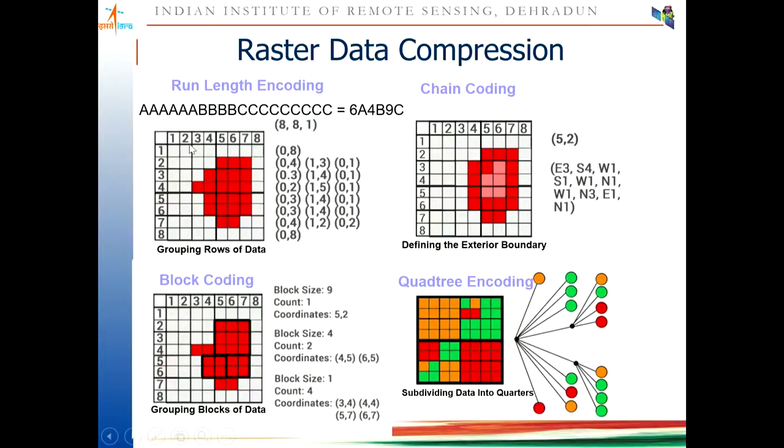Due to that, the size of the raster file might be quite big, even if your information takes a very small portion of the whole extent. To overcome that, a lot of compression techniques have been applied. This represents 4 different compression techniques.